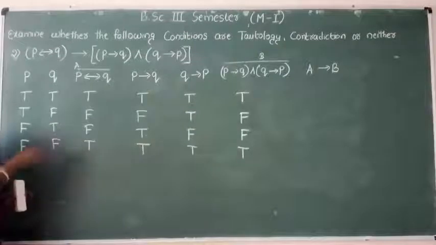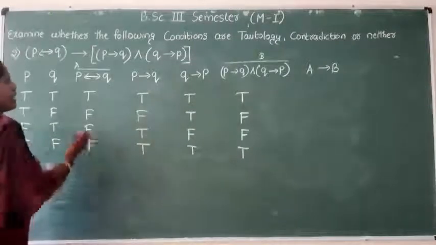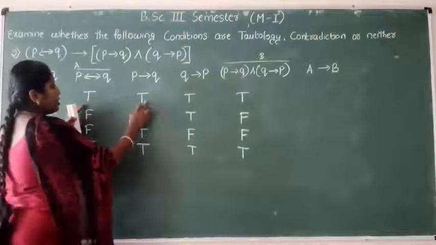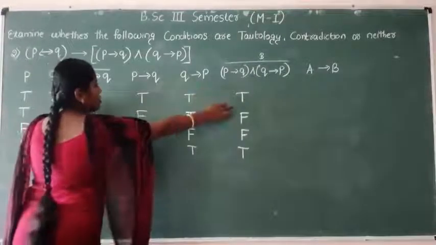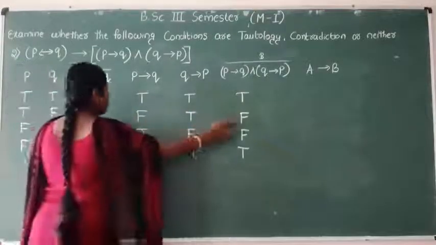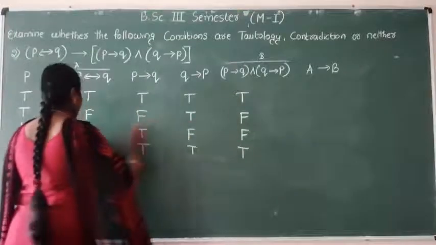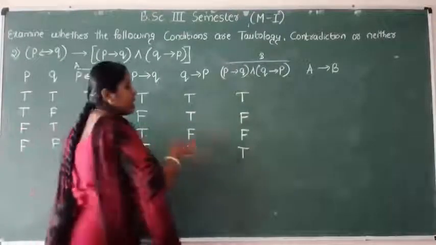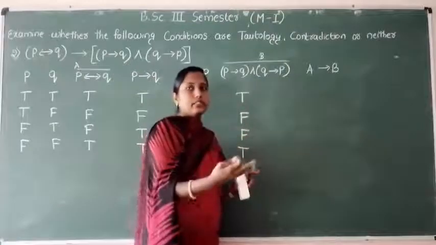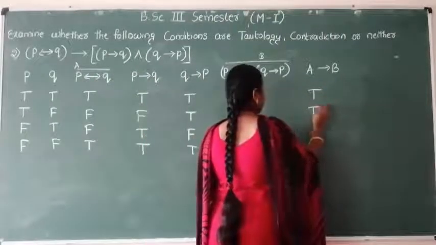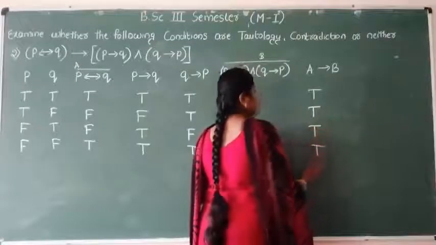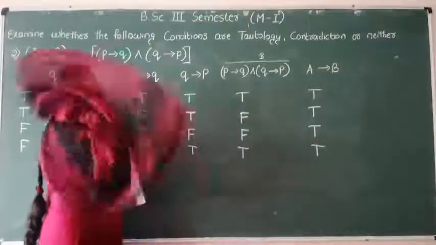So let us start. A implies B. True, false is not there. Implication means true, false is false. In the remaining cases, it becomes true. Here, all are true.